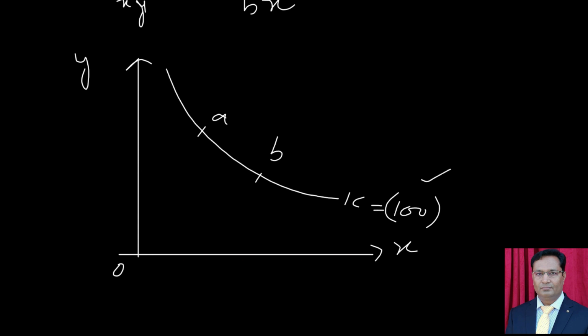But at combination A, consumer is consuming this much quantity of Y, let's say it's 50 units, and this much quantity of X, let's say it's 10 units.